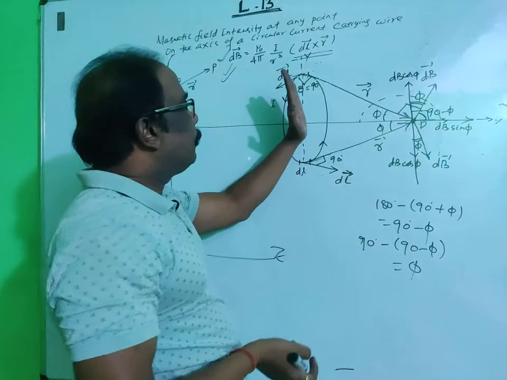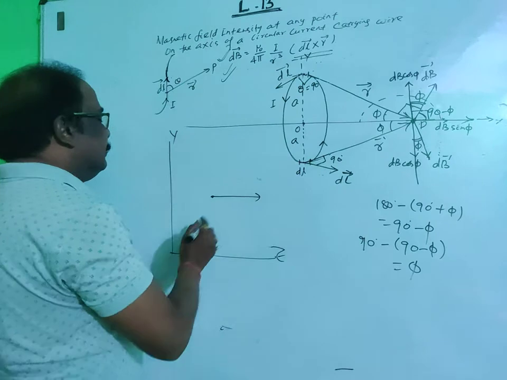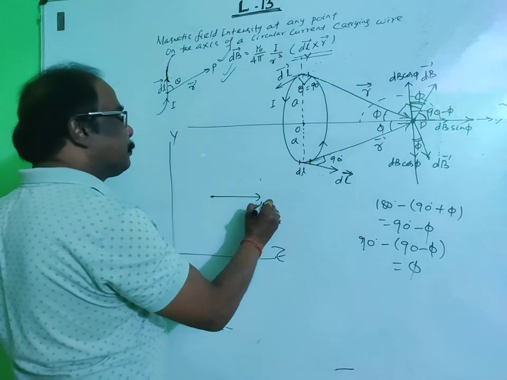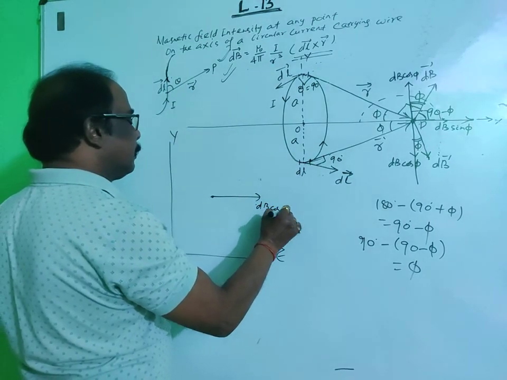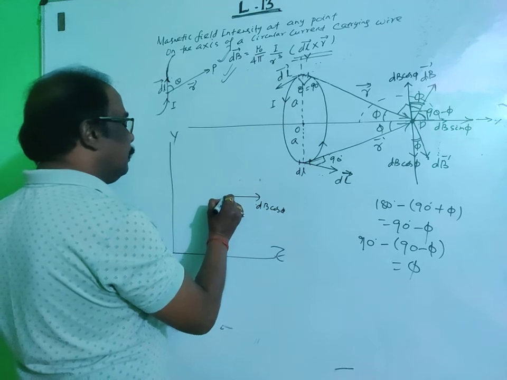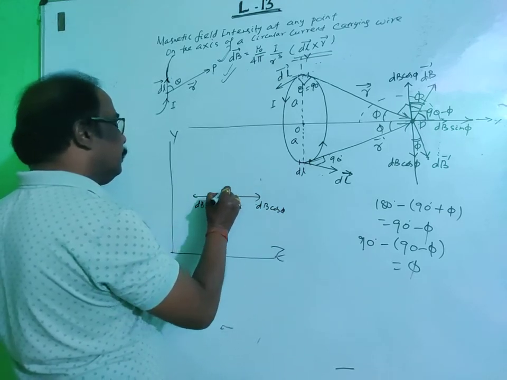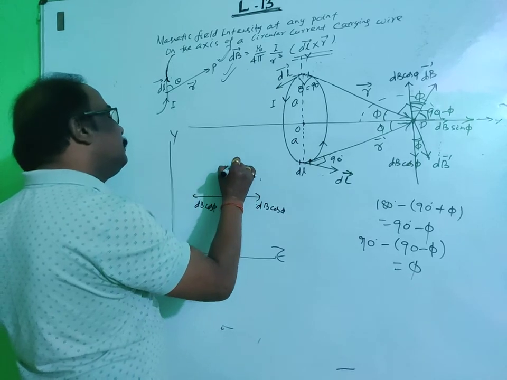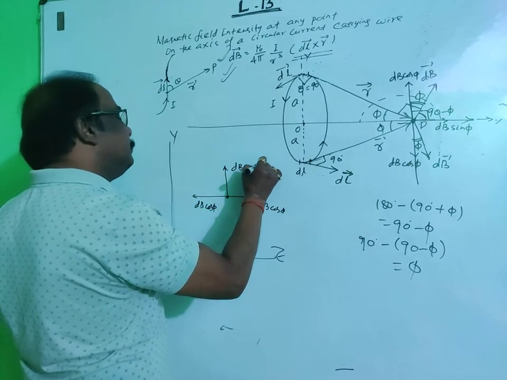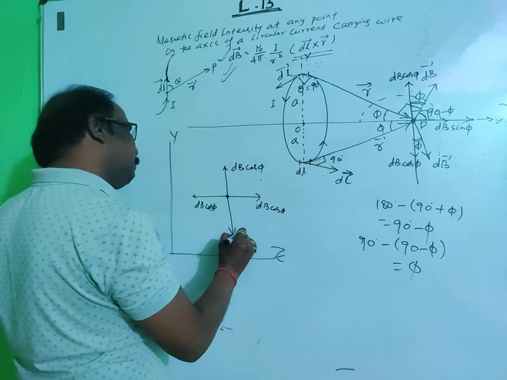The coil is on the YZ plane. So this is dB cos phi. This is also dB cos phi. This is dB cos phi. This is dB cos phi.